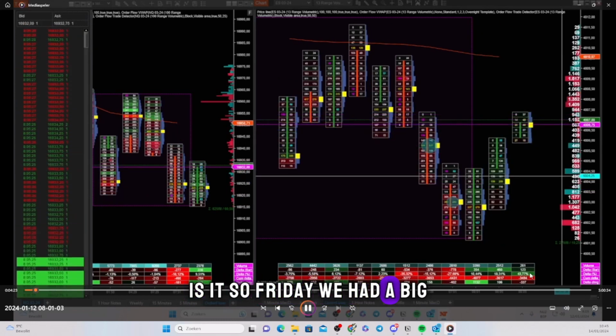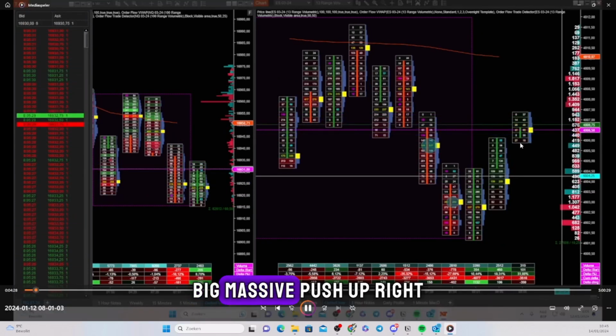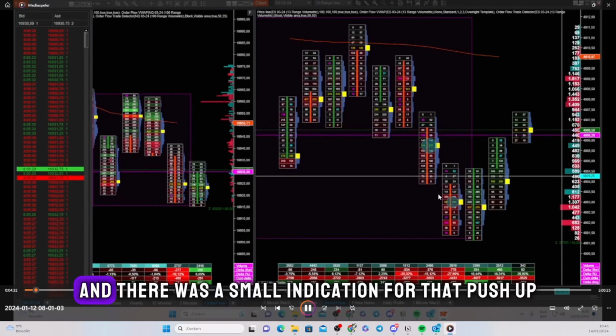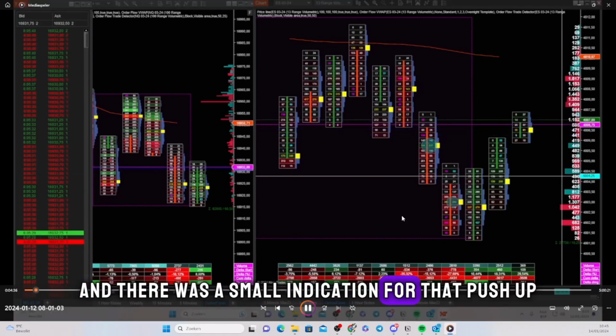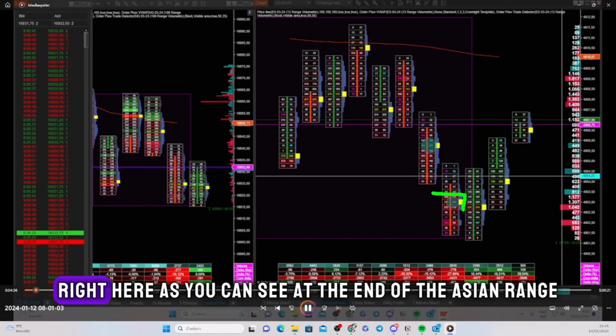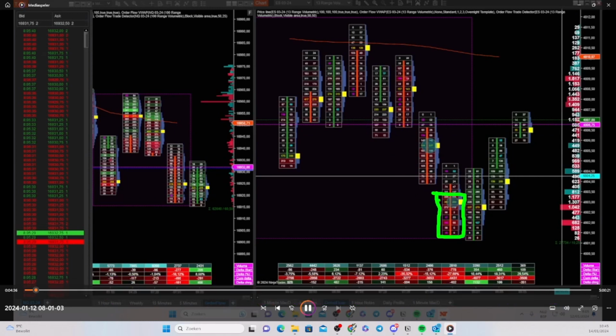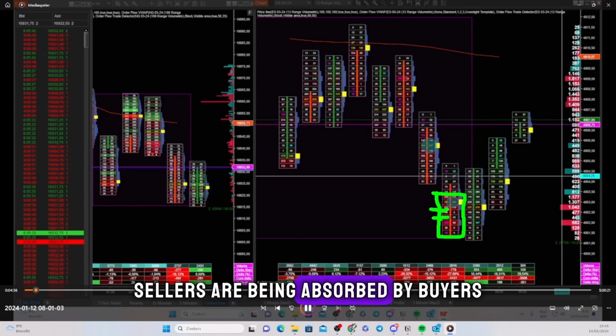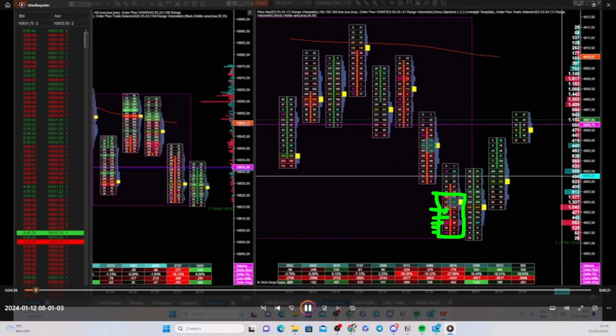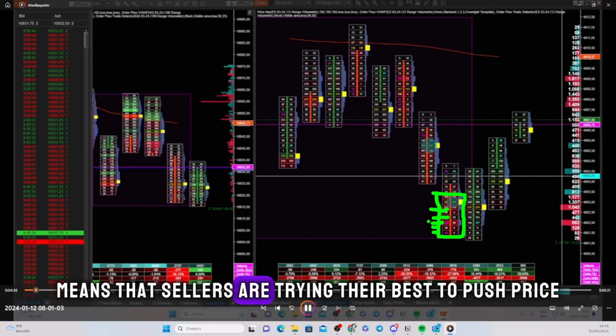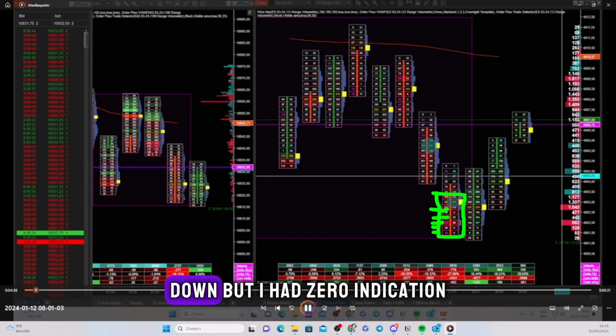So Friday we had a big, massive push-up, and there was a small indication for that push-up right here. As you can see at the end of the Asian range, sellers are being absorbed by buyers. This entire red piece means that sellers are trying their best to push price down.